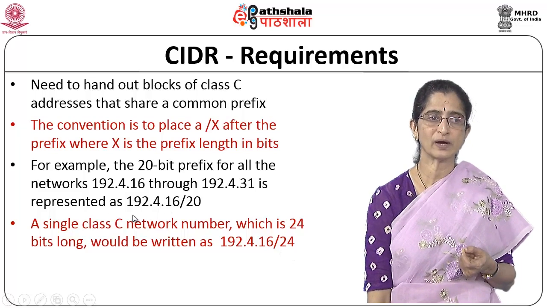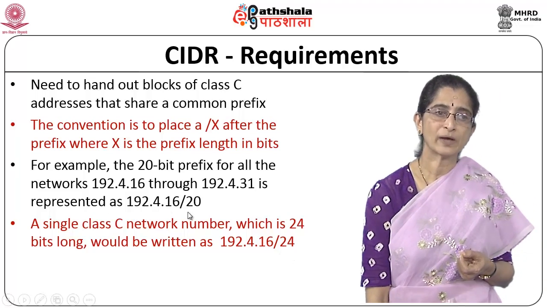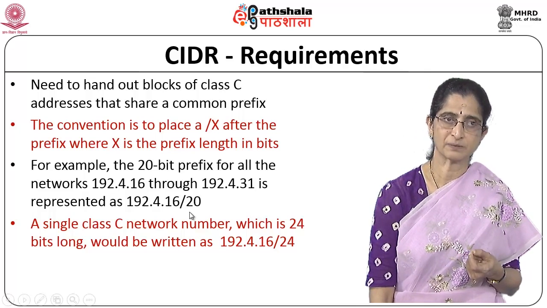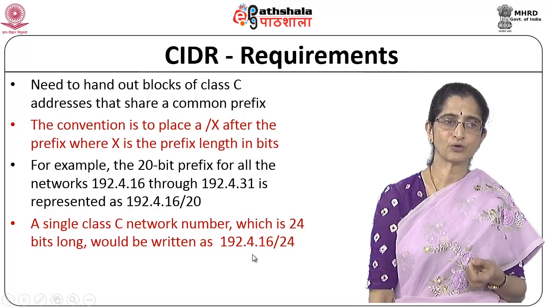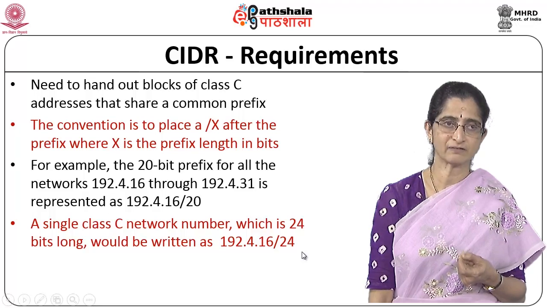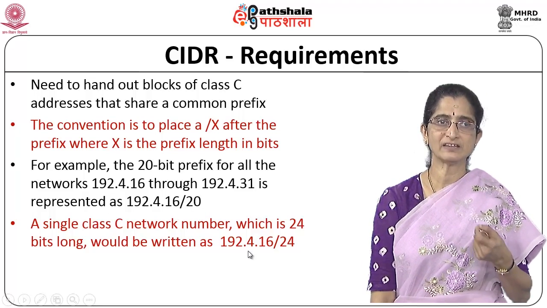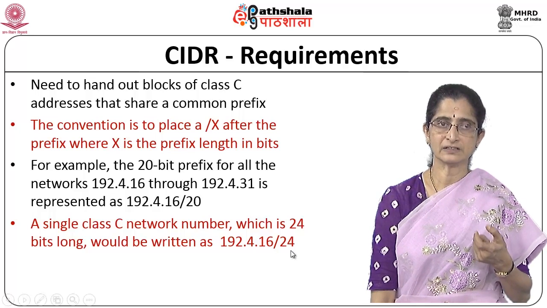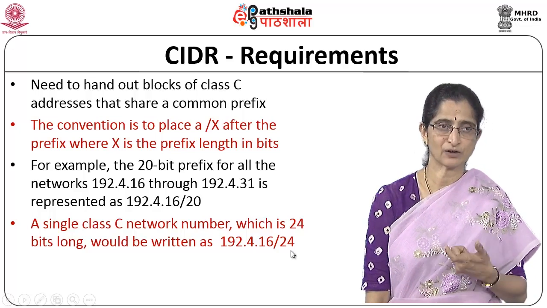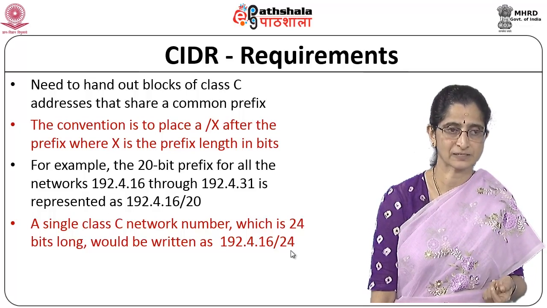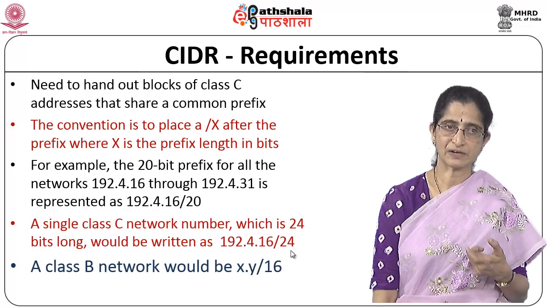This refers to the 192.4.16 network where 20 bits will be used as the network part of the address. Here it is 192.4.16 where 24 bits will be used as the network part of the address. So, by specifying the prefix length, you can vary the size of the networks, and you can accommodate different sized networks. This is very, very interesting.